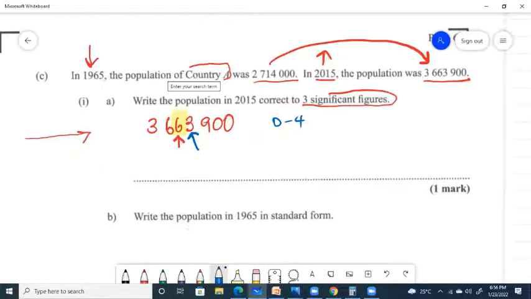Now, what spot? This 6. Let's write back 3, 6, 6. But remember, we're talking about 3,663,900. You can't round off and say this is the answer and gone, because there is no way you round off 3 million and something and the answer is 300 and odd.